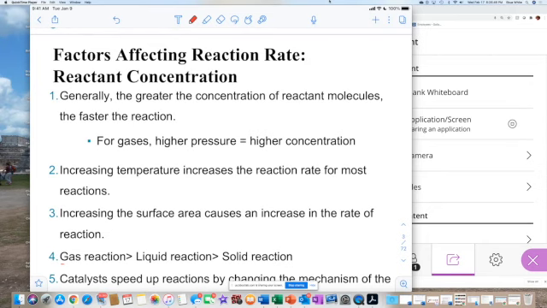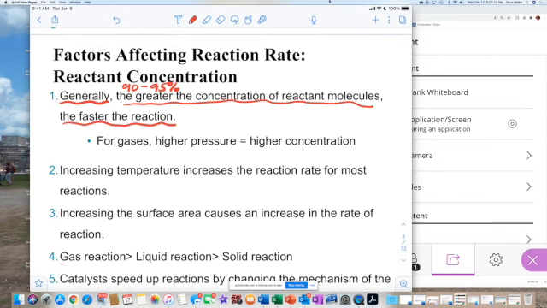So I'm going to go ahead and go straight to the factors affecting the rate of the reaction. We're told, number one, generally, that means let's say 90 to 95% of the time, the greater the concentration of the reactant molecules, the faster the reaction. Later on, we'll talk about the collision theory. Collision theory is a theory that talks about chemical reactions from a fundamental point of view.